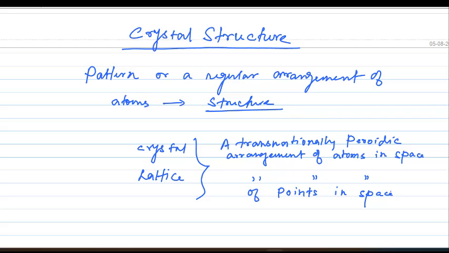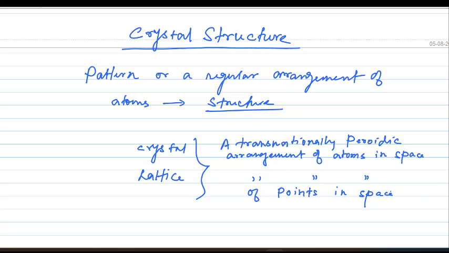As I mentioned, apparently this may look similar, but you would see that there is just one small term which is making these two different. In one case, we are saying that it is an arrangement of atoms in space, that is the crystal, and for the lattice, we are saying that it is a periodic arrangement of points in space. So this is the distinction that you need to make here. As we go along, we will understand that.